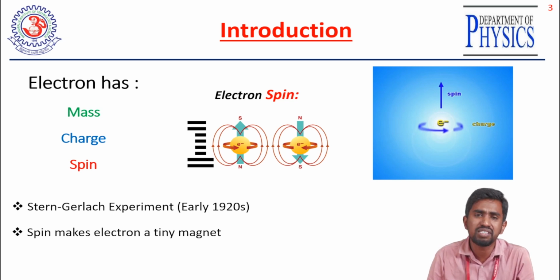So, in this sense, I will introduce how the spin part will be useful for electronics and microelectronics, in comparison to the charge part of the electron. So what is the spin? The spin makes an electron a tiny magnet. The electron itself behaves as a magnet if we consider its spin.